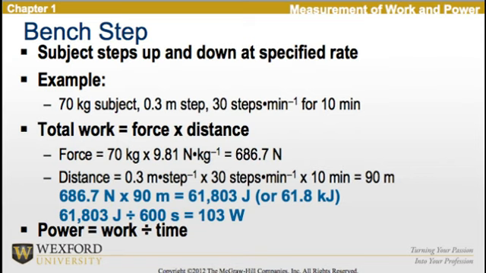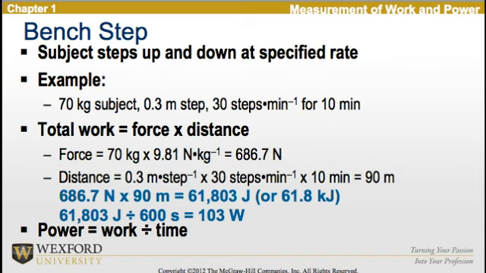So in this particular example, the force is equal to 70 kilograms times 9.81 newtons per kilogram, which is going to be equal to 686.7 newtons. When we look at this problem, we're going to have the distance of the step, which is 0.3 meters per step, times 30 steps per minute times 10 minutes. So the subject will travel a total of 90 meters.